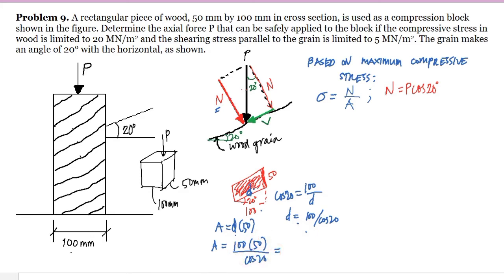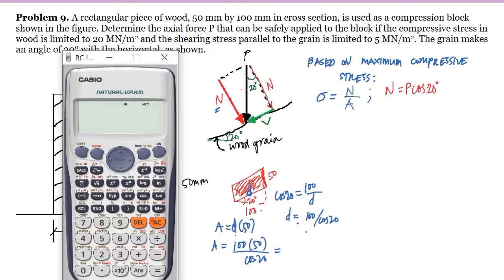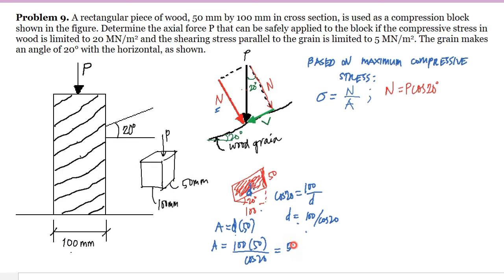Now if we are going to compute this, we would have 100 times 50 over cosine 20, and this is equal to 5320.89 mm square.